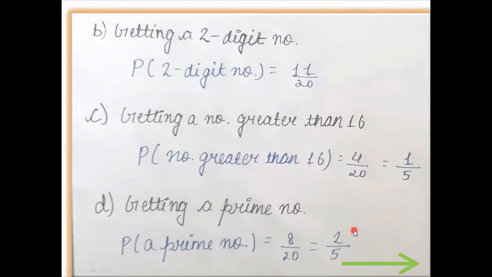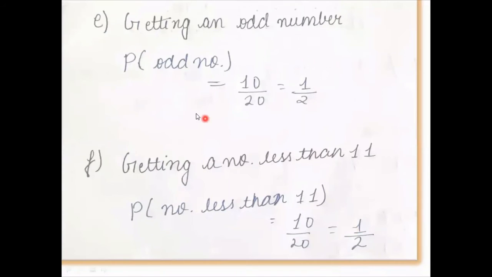Now let's get to our part E. Part E says getting an odd number. So odd number probability is 10 by 20, which is 1 by 2. F part, getting a number less than 11. So probability of a number less than 11 is 10 by 20, in which we will not count the number 11 itself. Okay, so simplification is 1 by 2.